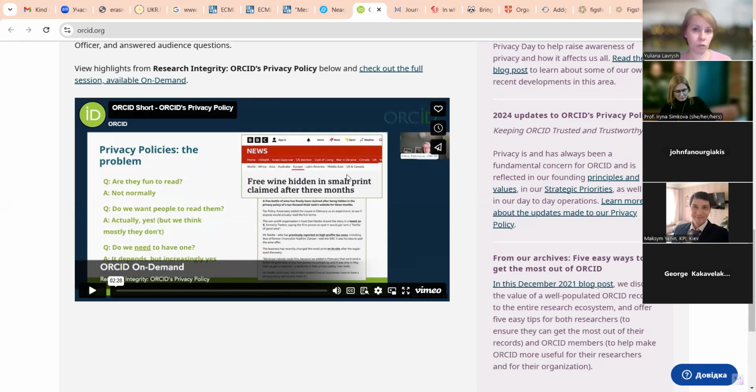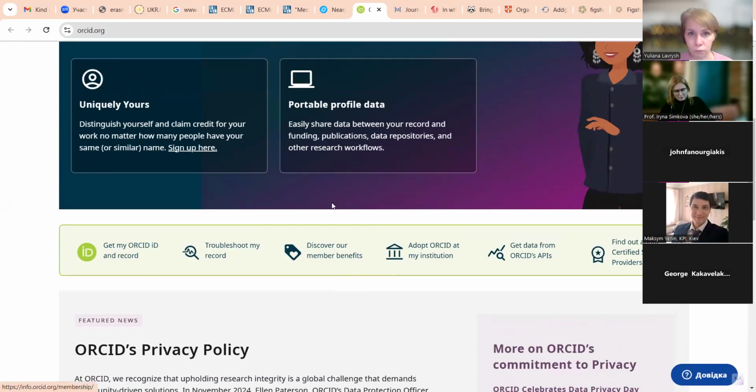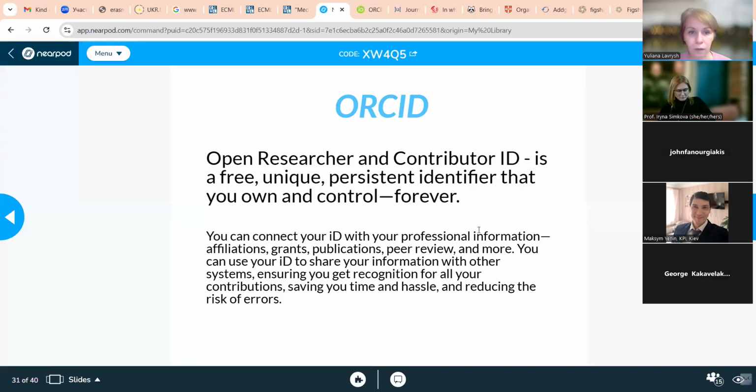And if some journals are searching for reviewers, they also can search here and suggest you to be a reviewer of a paper. So ORCID is for persons, and it's really important if you want to proceed with your science.